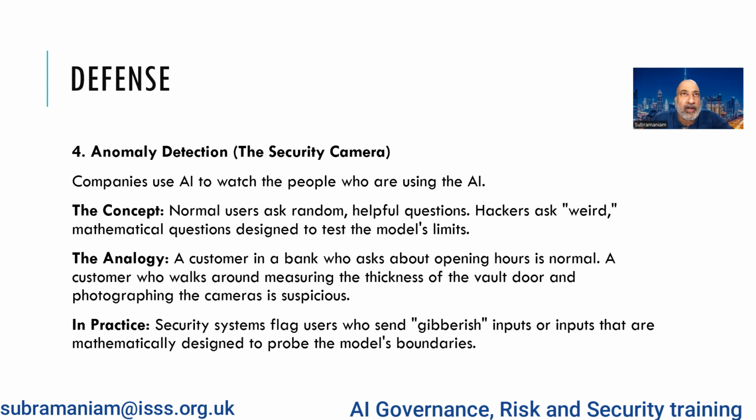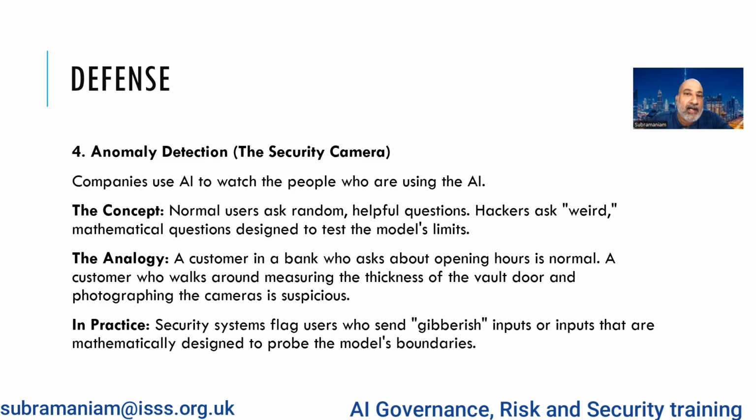Anomaly detection. Usually we can guess when people come to do something. Normal people go to the market, choose the item, put it in their basket, come to the billing, and finish it off. But if there is suspicious movement, like a guy going to the corner and looking at something, that's suspicious.